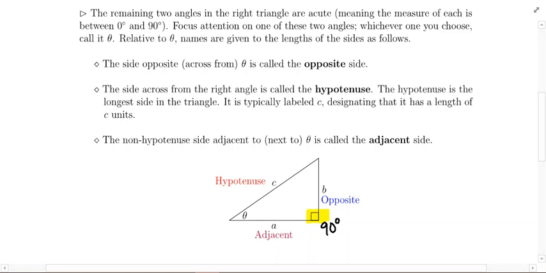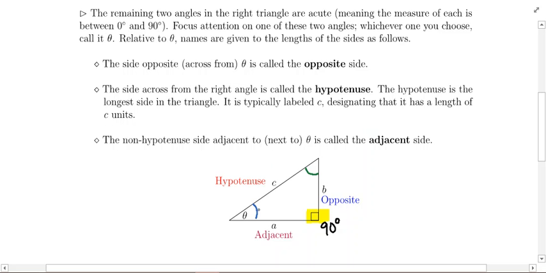If you look at the other two angles, you have an angle right here and an angle right here. Both the blue angle and the green angle are acute. They are between 0 degrees and 90 degrees. We have chosen one of these acute angles to be theta. That's the blue angle here.